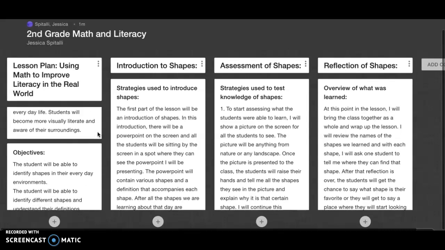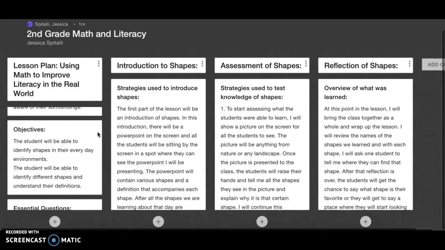And then some objectives, I had two. The first objective was that the student will be able to identify shapes in their everyday environments, and the student will be able to identify different shapes and understand their definitions. Overall, I want to teach students about different shapes, and I want them to understand their definitions and learn what they are so that they can use them in future educational schooling years.